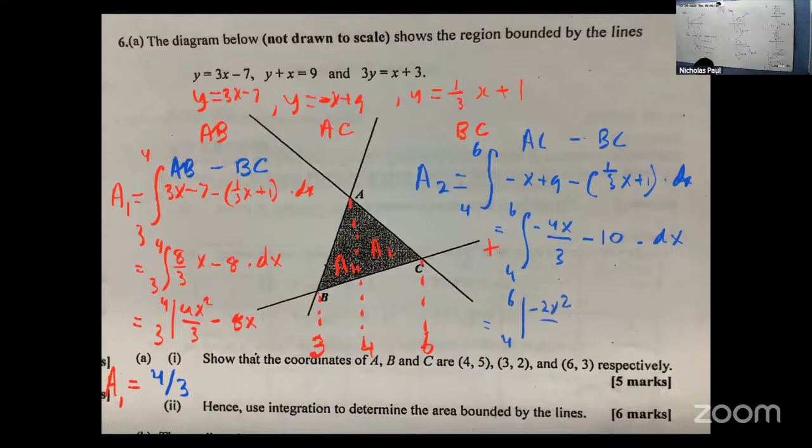Oh, sorry, it's plus 8. So the integral is minus 4x on 3 plus 8.